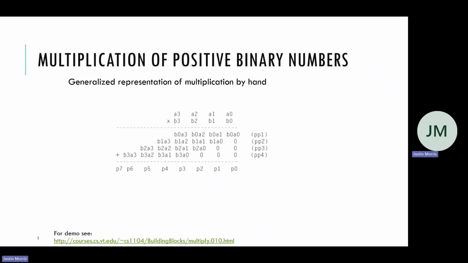Multiplying these positive or unsigned binary numbers is exactly how you would do it in grade school. You take the first one, multiply it by all of the digits in the top one, and then you get this result, right?